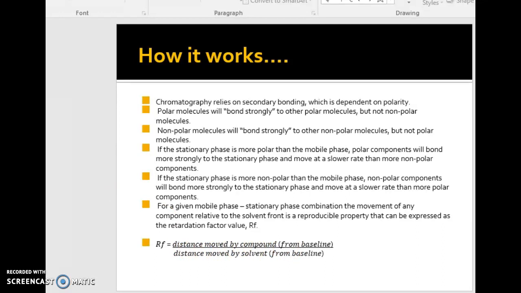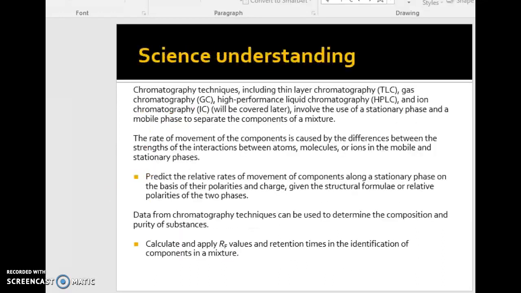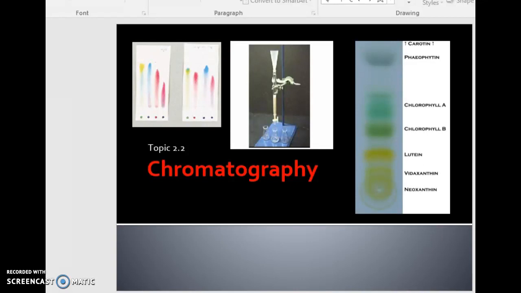If we look at this example here, we've got where they started, so how far along this component has gone in the stationary phase, how far it's moved along.